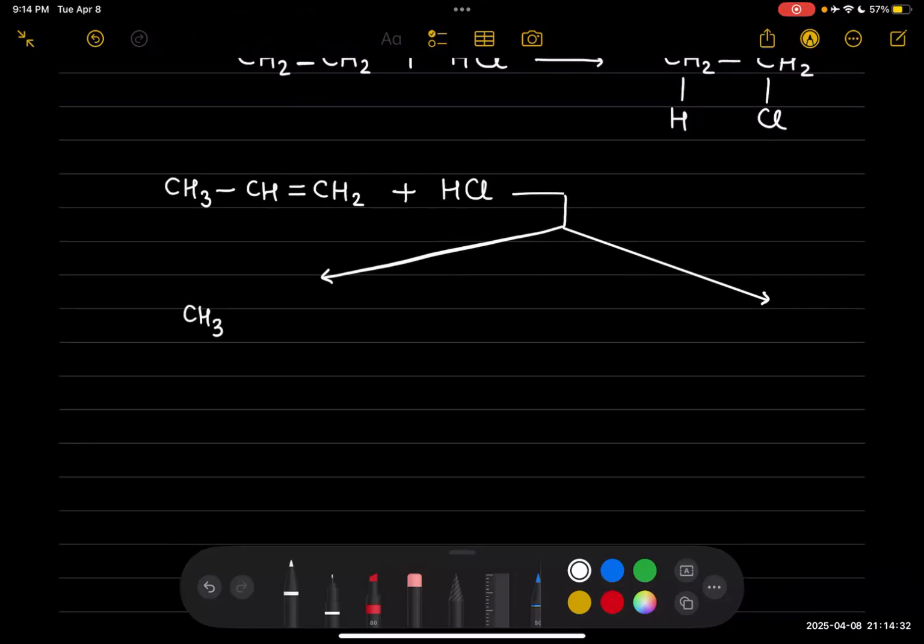What are those two options? Or HBr I can take. It is the same, HBr, HCl, or HI also you can take.